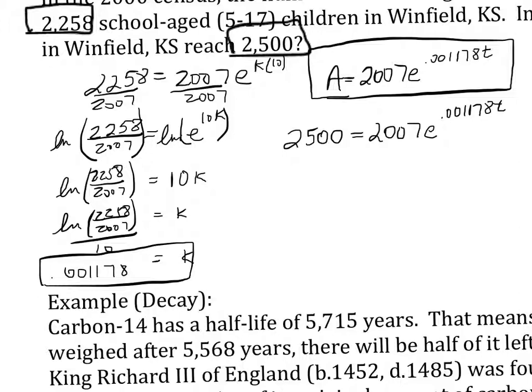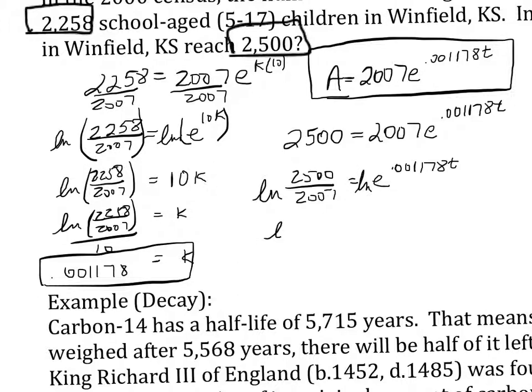Okay? And again we're going to divide by 2007. So we'll get 2,500 over 2007 equals e to the 0.001178t. And we'll take the natural logarithm of both sides again.